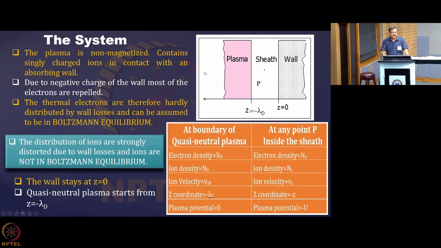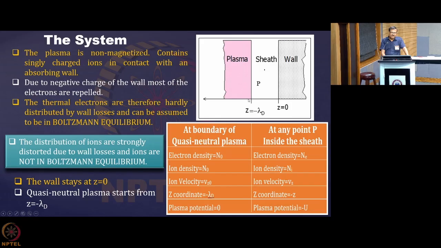Okay. So let us refresh once more that we are assuming a configuration where this is the wall, starting at z equal to 0, and adjacent to the wall there is a sheath which extends up to z equal to minus lambda d. It may be of the order of lambda d, not exactly, but we are assuming that it is minus lambda d, and beyond that the bulk plasma starts.